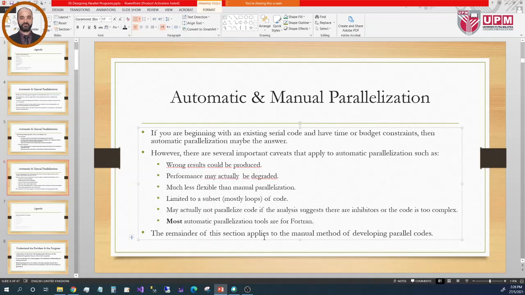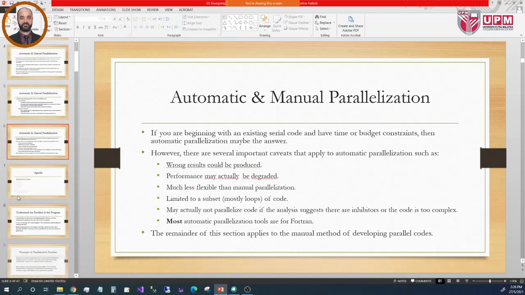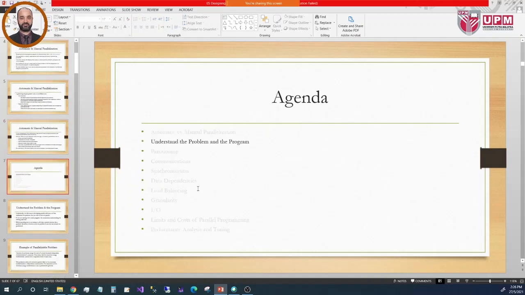The remainder of this section applies to the manual method of developing parallel codes. From here onward, we will not talk about the automatic. Everything is about the manual process of building parallel programs. So here, understand the problem and the program.